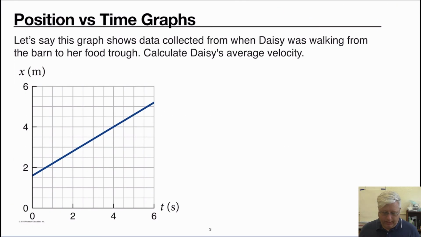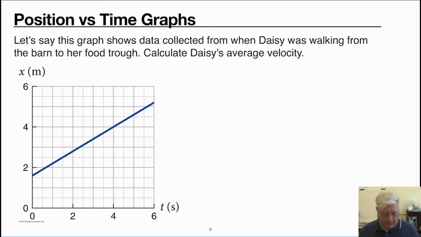Okay, so let's try an example here. This graph is a position versus time graph. It's x versus t, measured in meters, m for meters and s for seconds. Let's say this graph shows data collected from when Daisy was walking from the barn to her food trough.